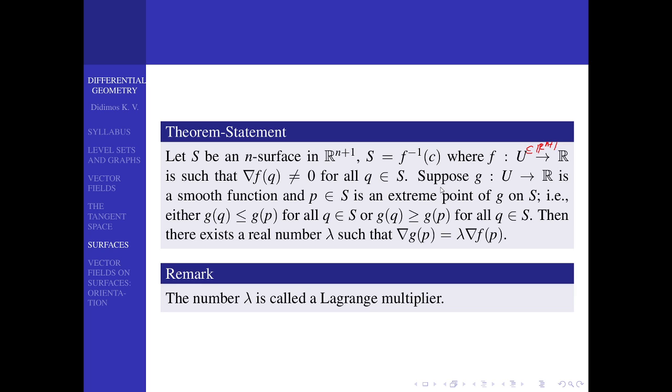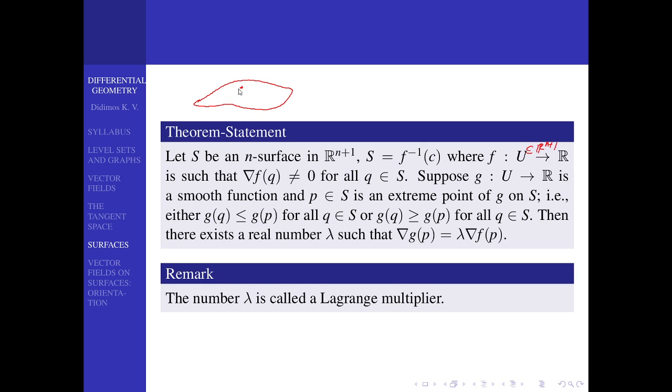What do we mean by an extreme point of g? This p is said to be an extreme point of g if g of q is always less than or equal to g of p for all q belonging to S, like our maxima, local maxima, and local minima. We can say that this is the extreme point of the surface. Suppose you have a surface here, then this point is said to be the point of maximum or extrema.